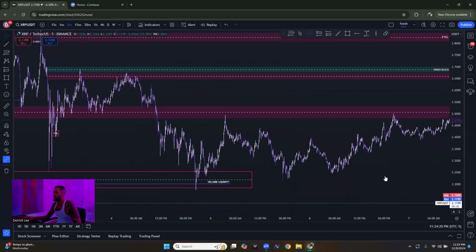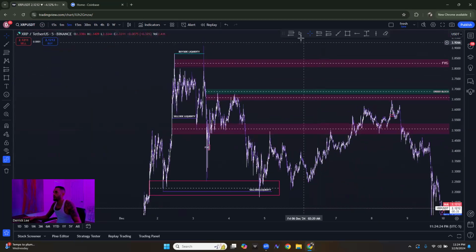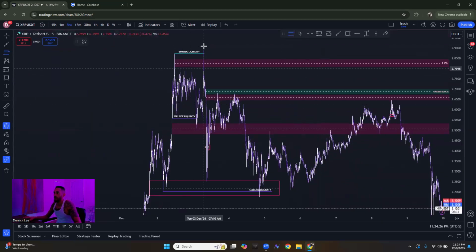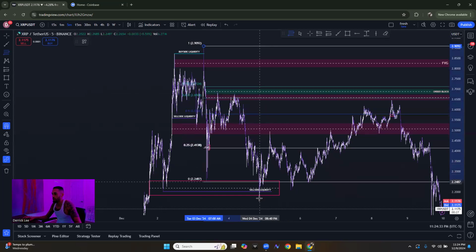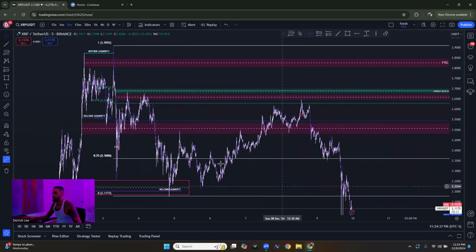So then, from this high to this low, once again, it pulled back to 60 to 70% of a discount before we see, well, I guess this would be a premium.